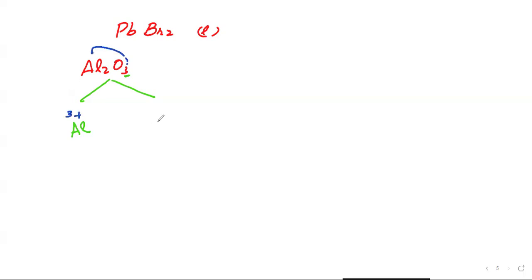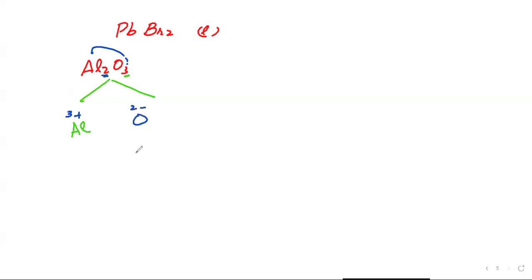Let's take another example. If I have lead bromide molten, first one is always positive. Let me take another tricky example given in your book, I guess: aluminium oxide. Guys, this is molten, so it would give me 2 ions, first one is always positive. Focus on this point, guys. This 3 represents the oxidation state of aluminium, the charge of aluminium, and this 2 represents the charge of the oxide.